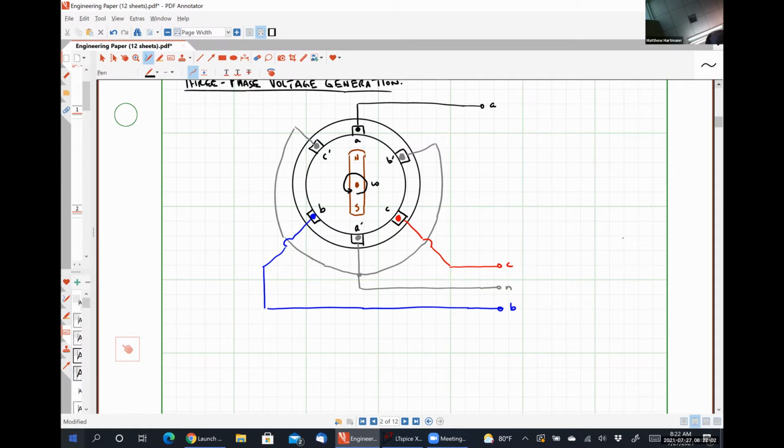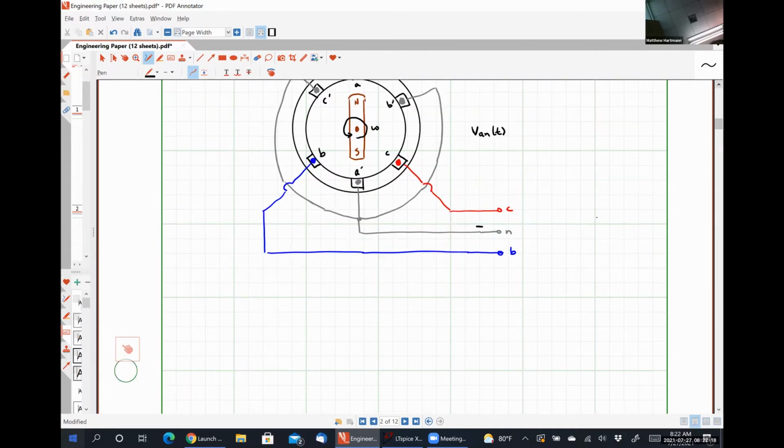So between here and here, we'll have some induced voltage, VAN, as a function of time.